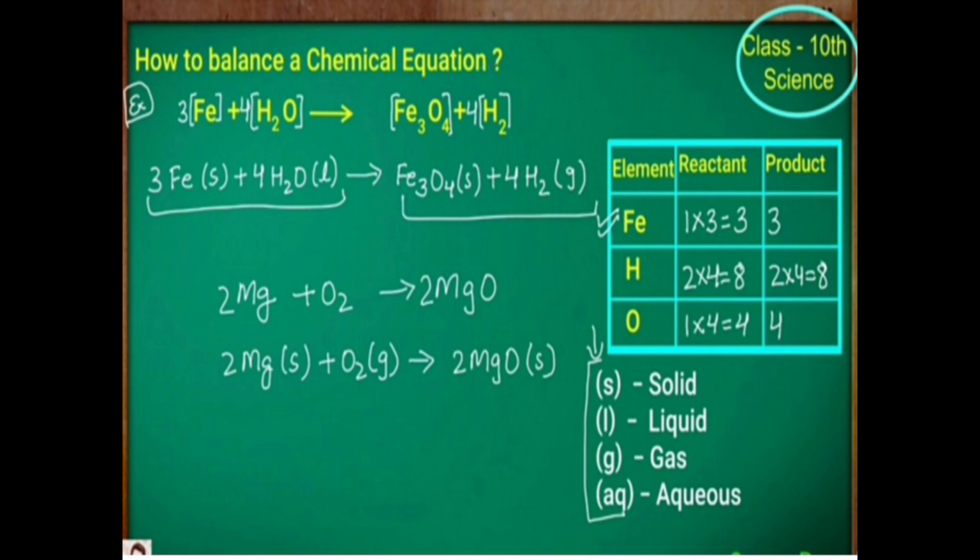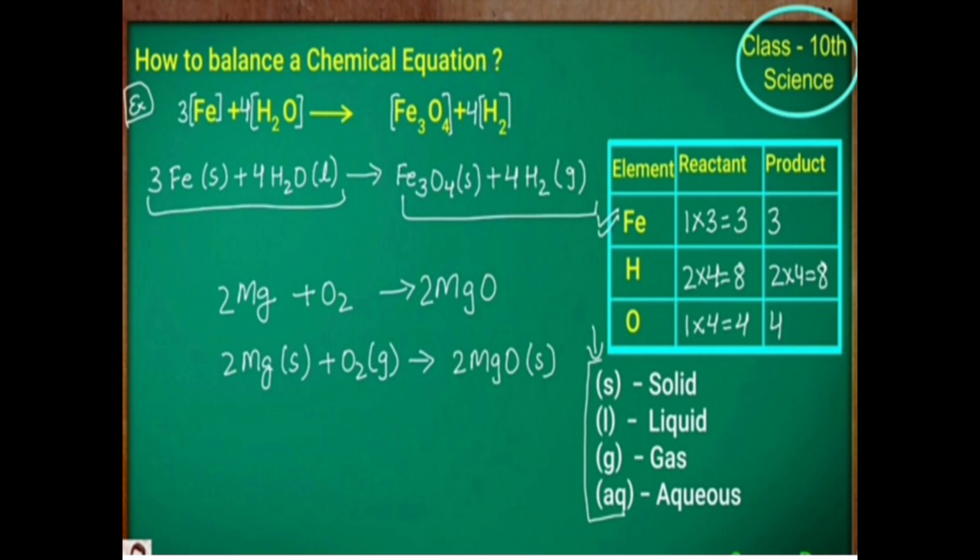So we will write down 2, and on the product side there are 2 molecules of hydrogen. So on both the reactant and product side there are 2 molecules of hydrogen. Now oxygen. On the reactant side there is only 1 molecule of oxygen. So here we will write down 1, and on the product side there are 4 molecules of oxygen, so that we will write down 4.